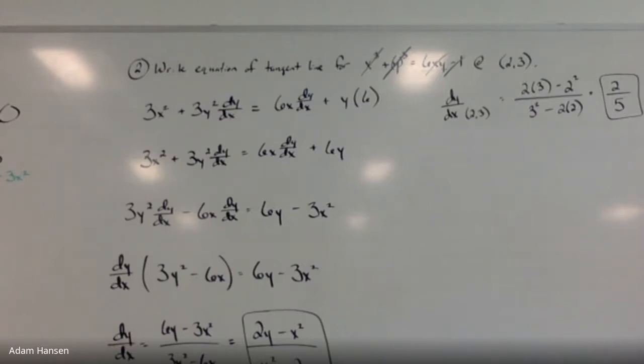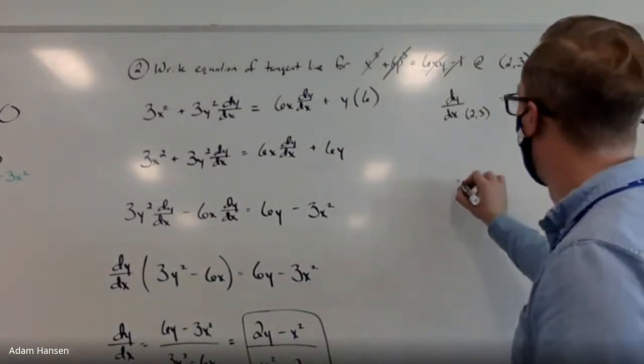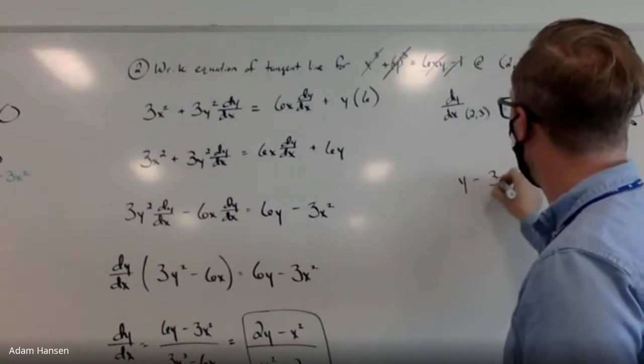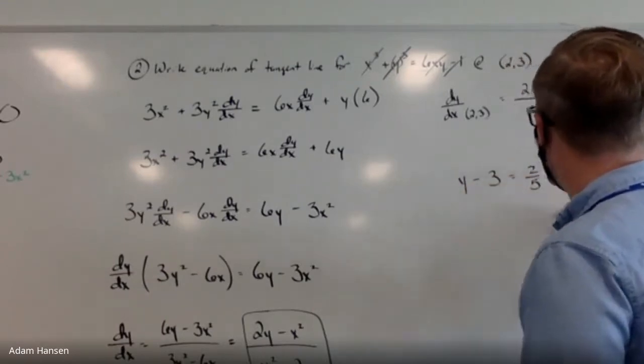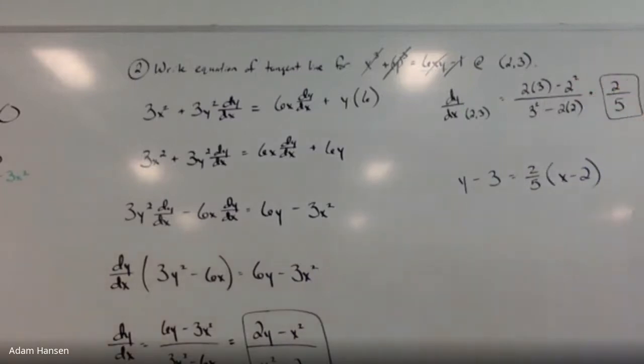I know the point of tangency. I know the slope of the graph. I've got a point and a slope on my line that we can now write using point slope form. So y minus 3 equals 2/5 times x minus 2. y minus y1 equals m times x minus x1, as point slope form would say.